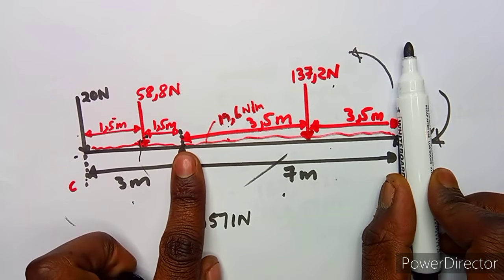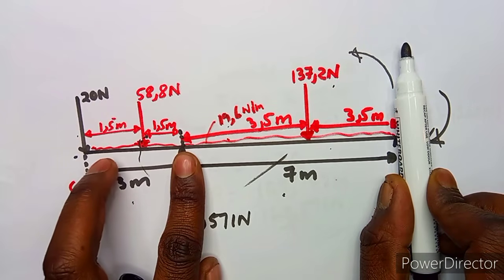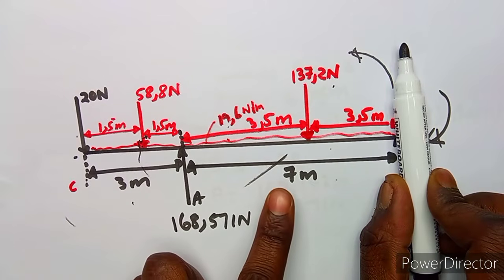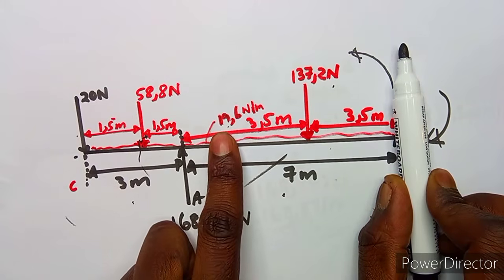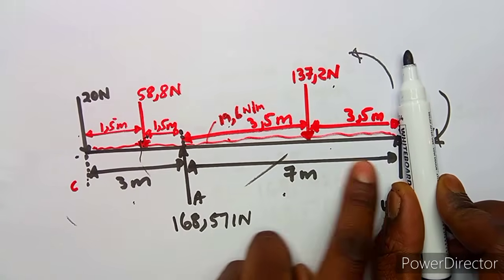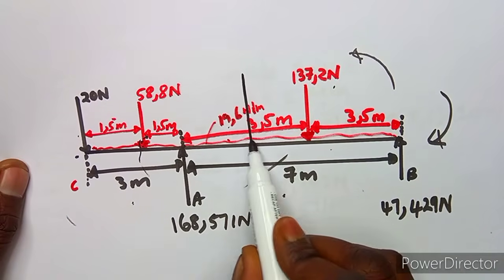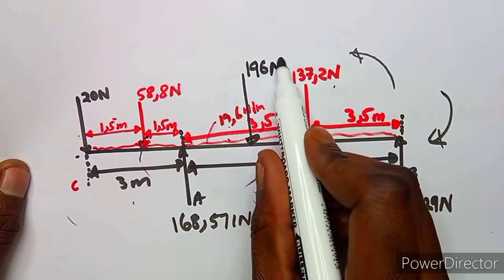So you distribute, you are going to take it as a point load for these 10 meters. So it's going to be 19,6 times 10 meters, which is 196. So it will be 196 newton like this.